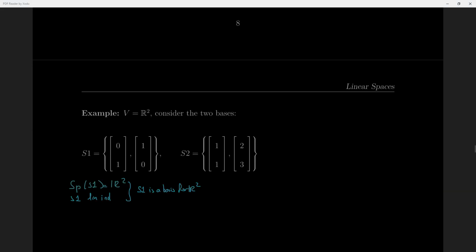And once again, for S2, I can claim that span of S2 is again R squared, I can write any vector as a linear combination of these two vectors over here. And S2 is a linearly independent set. Therefore, S2 is a basis for R squared as well.